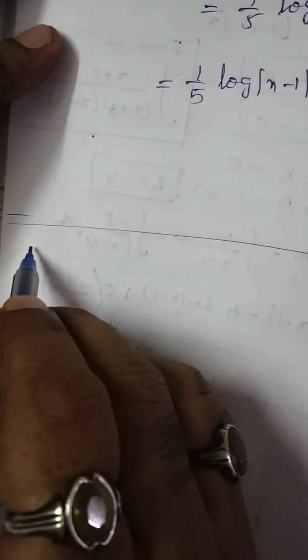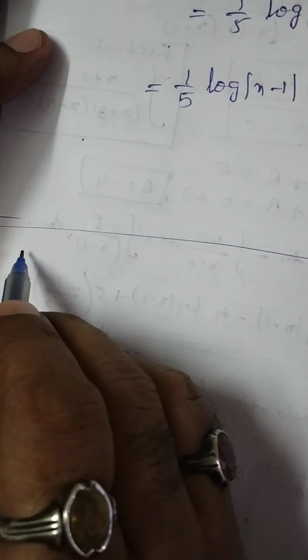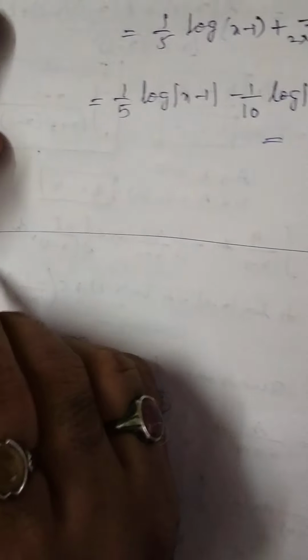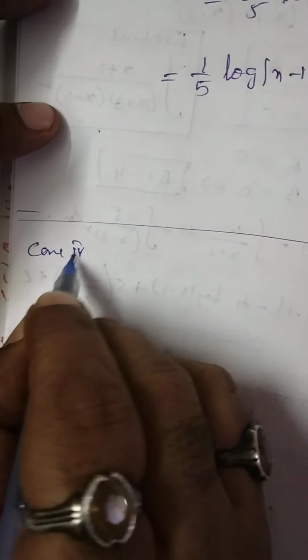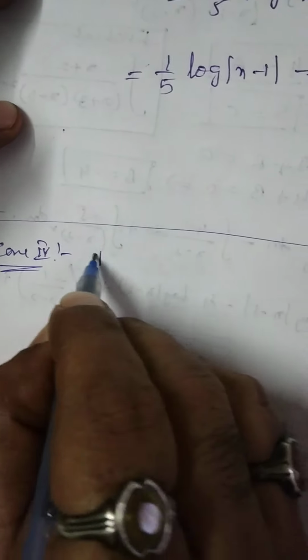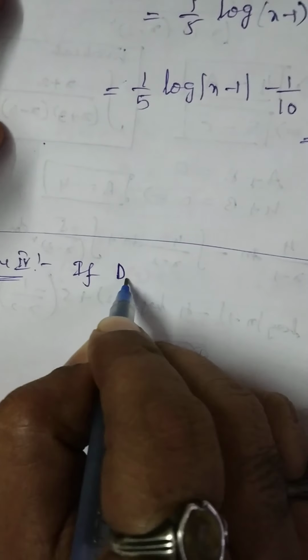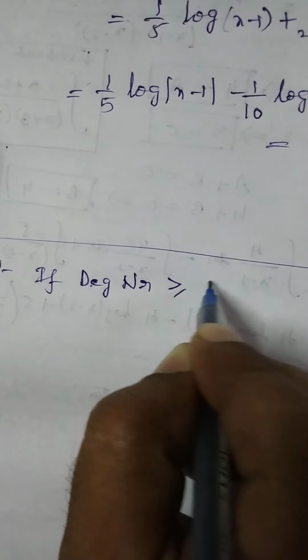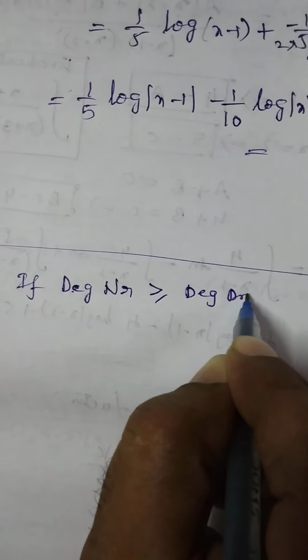After this, model number 4. Till now how many cases? Case 3 over. Now case 4, you see. Case 4: if the degree of numerator is greater than or equal to the degree of denominator.